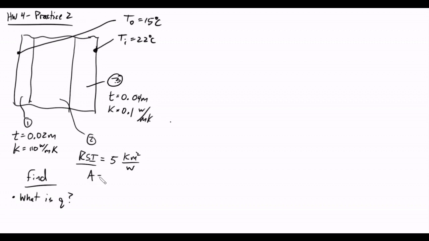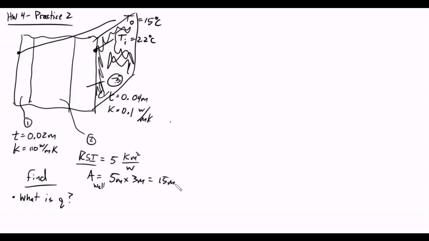One more thing we know is the area of the wall. If we were to draw the entire wall, then this area, the area of the wall, if you were in the home looking at it, is equal to 5 meters by 3 meters, or 15 meters squared.